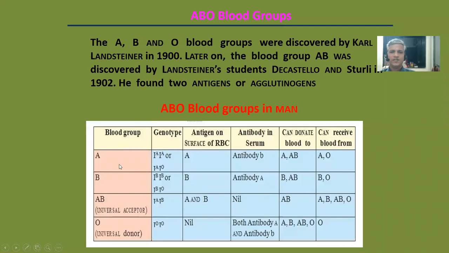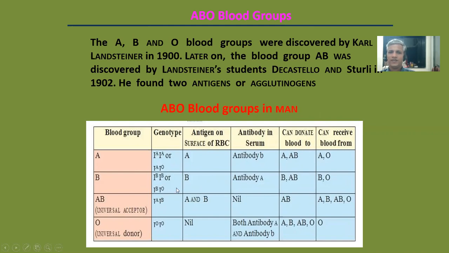The person with blood group A has the A antigens on the surface of RBC and B antibody present in the serum or plasma. This person having blood group A can donate blood to the person having blood group A and AB, and this person can receive the blood from A and O blood group.